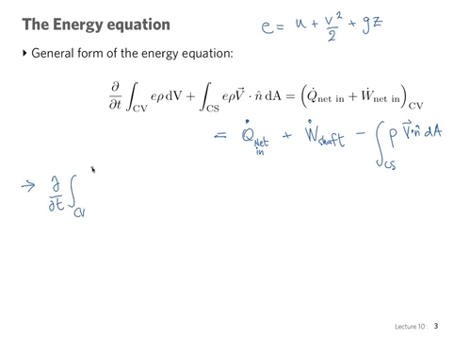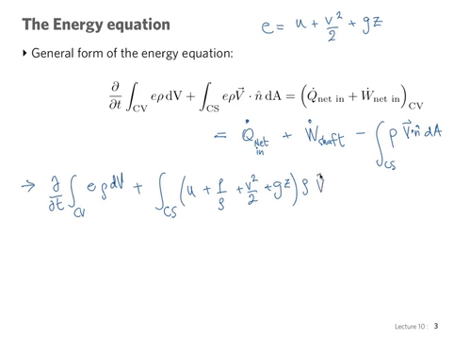So we still have the unsteady term, which often we can cancel out, but for the fluxes across the control surface, we're going to write the full energy in the form U plus, since we are multiplying by rho over here, P over rho, inside parentheses, plus V squared over 2 plus GZ, and I multiply by rho now, the rho that was here in my previous form, V dot N dA.